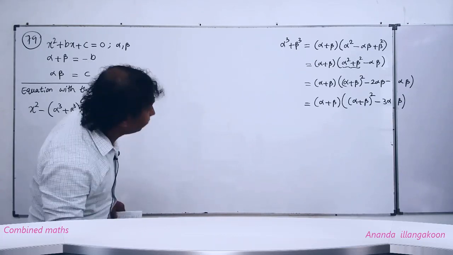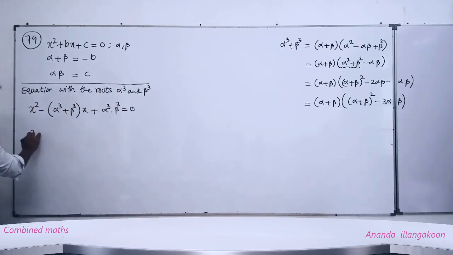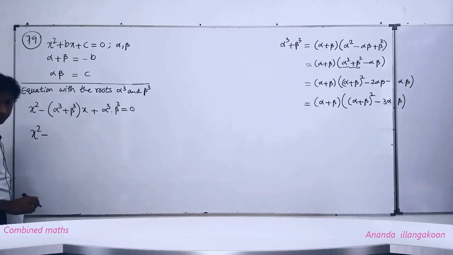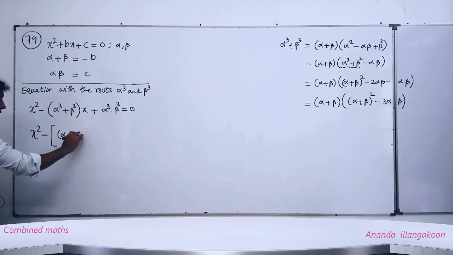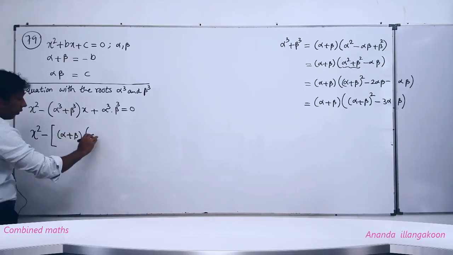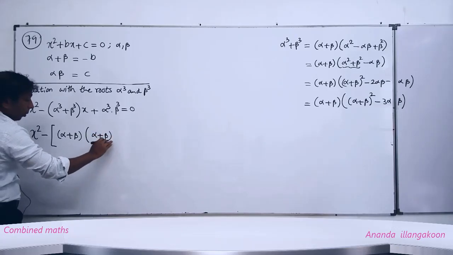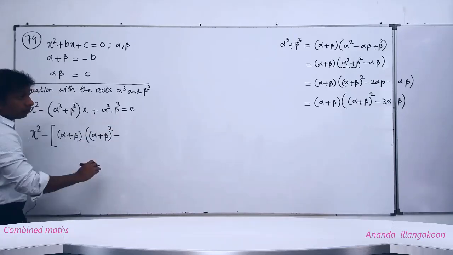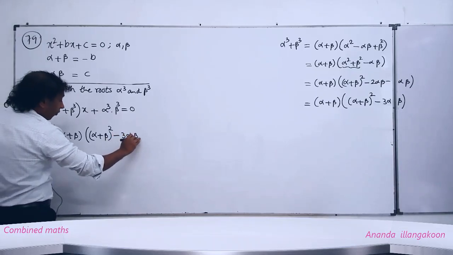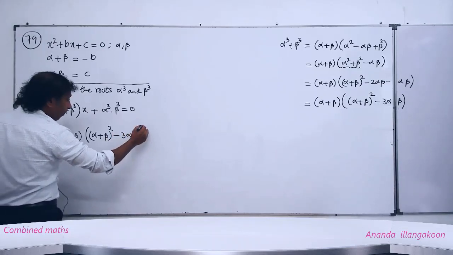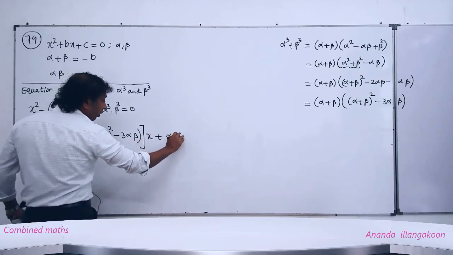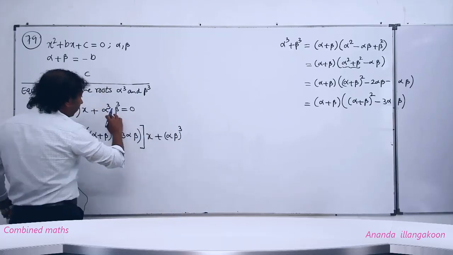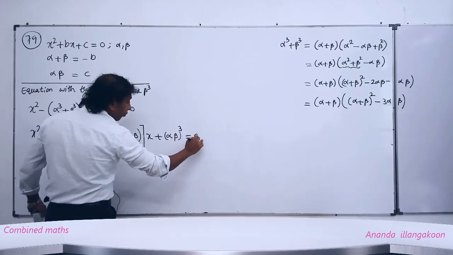Then I can write x squared minus, alpha cube plus beta cube, which is now alpha plus beta times alpha plus beta perfect squared minus 3 alpha beta, times x, plus alpha cube beta cube, equals 0.